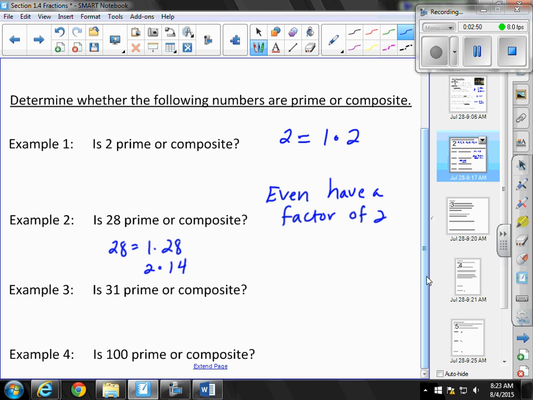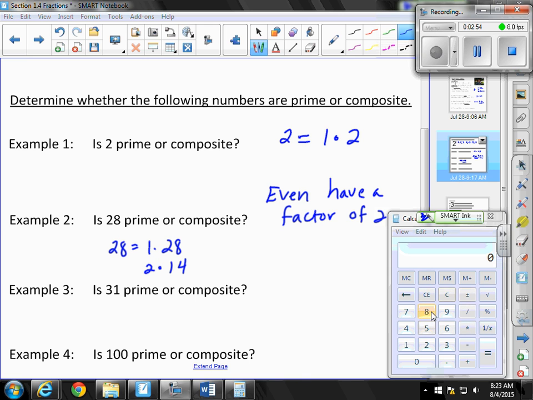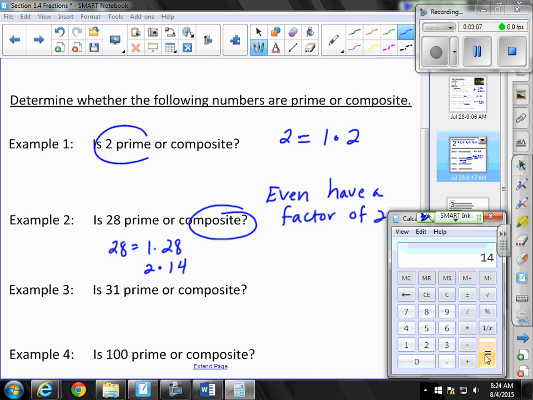If you're not sure, you can divide on the calculator. And if I use my calculator over here to the right, 28 divided by 2 is 14. So I know that 28 is composite. And 2 was prime.